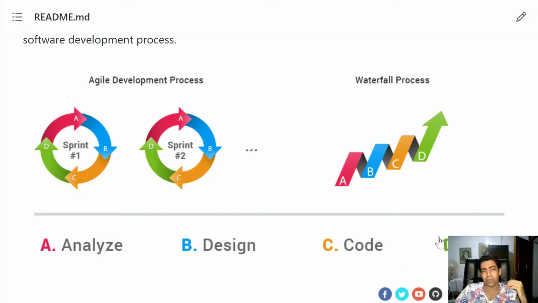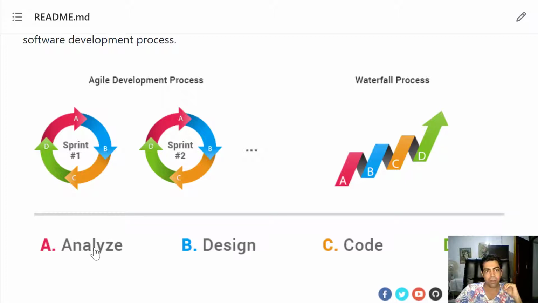In the old school waterfall process, you have to do each of these steps one by one before you proceed to the next step. So what is the problem with this kind of process? The problem is that what if something changes in the middle of the project? Well, you have to go all the way back to the first step and then repeat everything from the beginning.